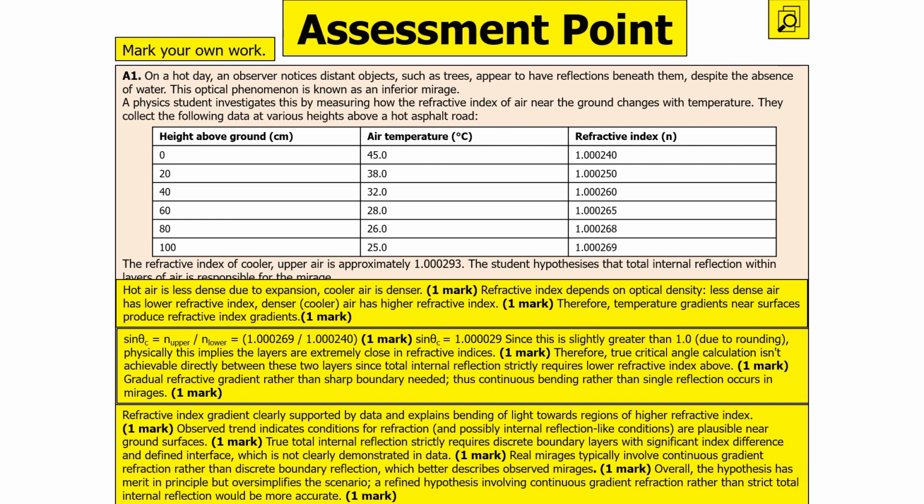Real mirages typically involve continuous gradient refraction rather than discrete boundary reflection, which better describes the observed mirages. So the hypothesis has merit, but it oversimplifies the scenario. A more refined hypothesis involving continuous gradient refraction rather than strict total internal reflection will be a more accurate idea of the situation.